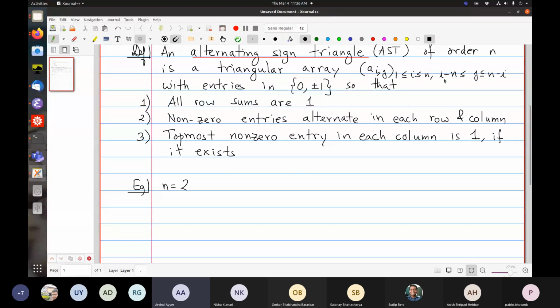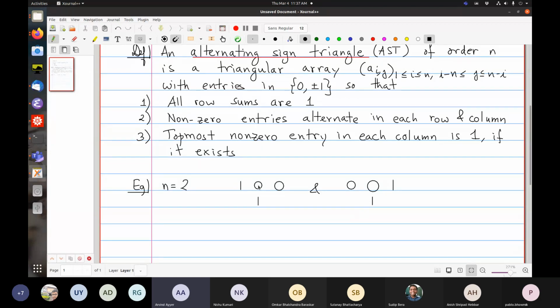The first row has 3 entries because it goes from minus 1 to 1. So here, let me just draw. Zeros are omitted. So 1, 0, 0, and 1, and 0, 0, 1, and 1.